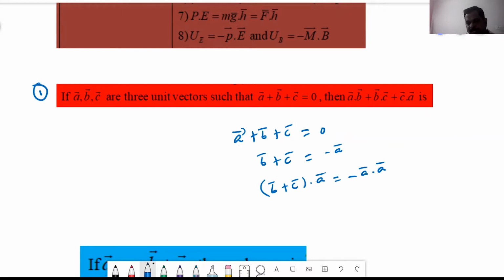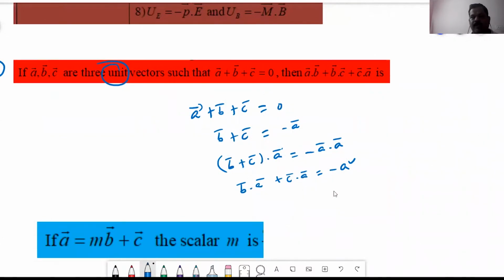Applying the distributive law, B bar dot A bar plus C bar dot A bar is equal to minus A square.